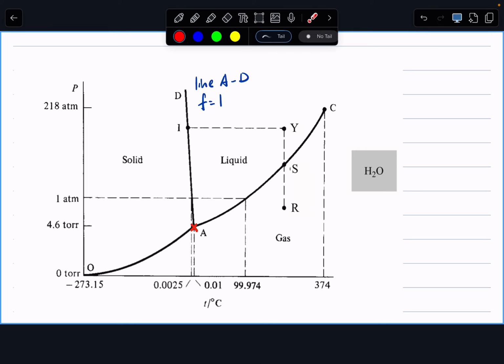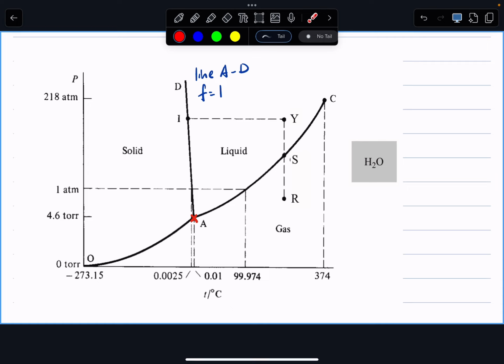So my question here is, can you use the things we learned before to plot the molar Gibbs free energy of H2O going from, let's say, R to S, and then S to Y?